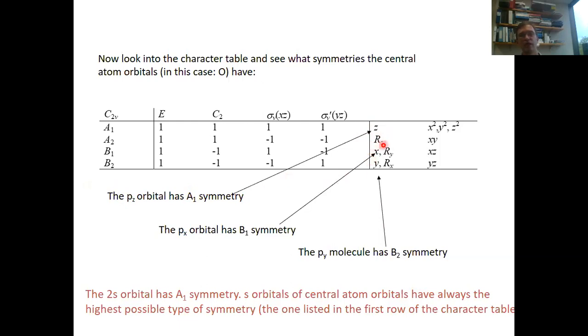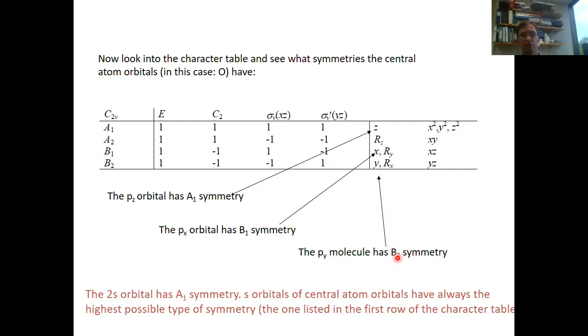So we find the letter x here in the row for the symmetry type B1, that means that our 2px orbital has B1 symmetry, and we find the letter y here for the B2 symmetry type, and that means that the 2py orbital, not molecule, has B2 symmetry.